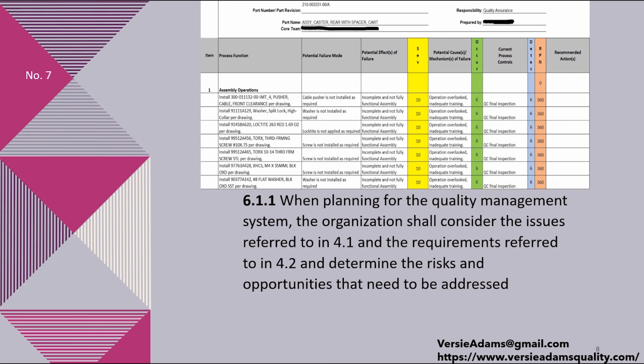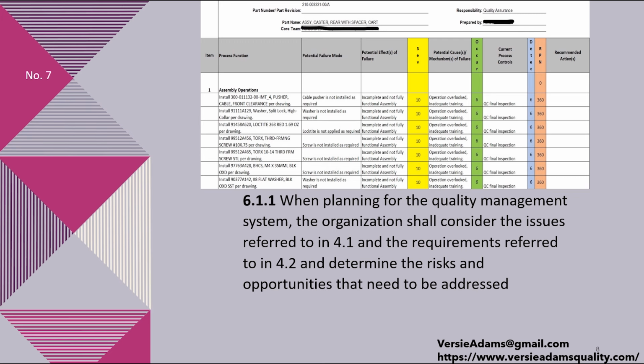And then with the PFMEA, you score according to the severity, occurrence, and detection, and there's criteria that you set for that. The output of that is an RPN, which is a risk priority number. So this is another type of risk assessment, risk analysis tool that you can be using.